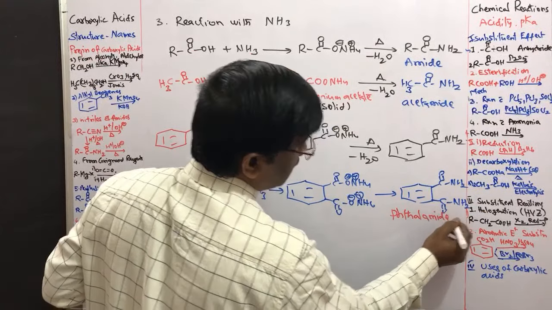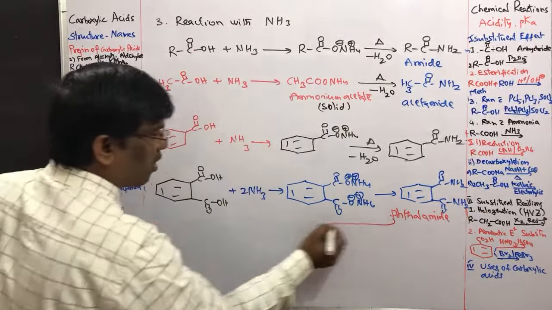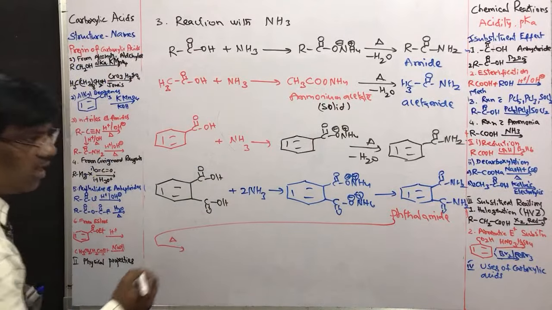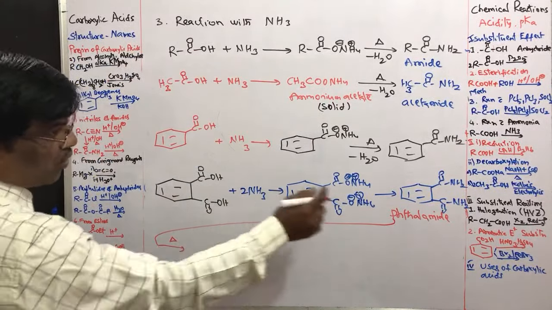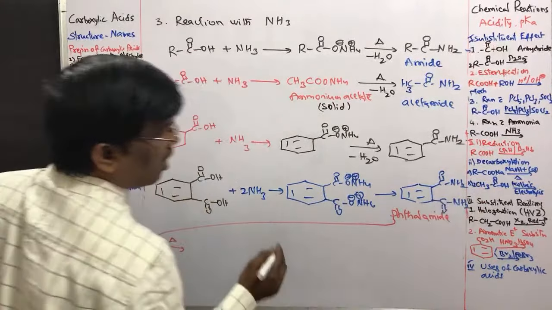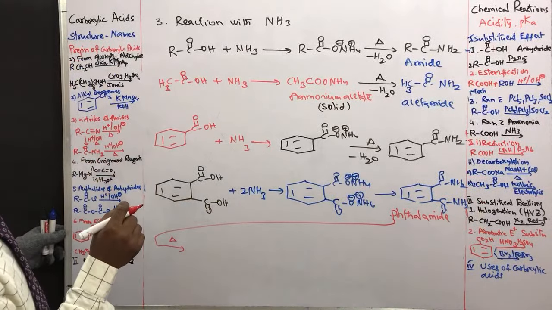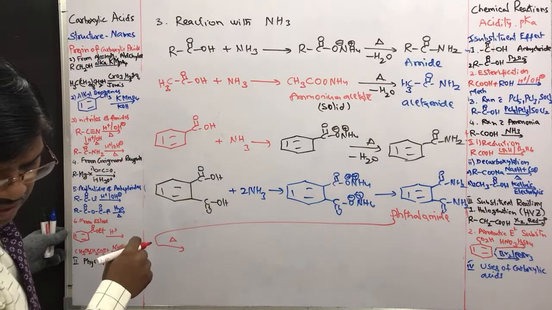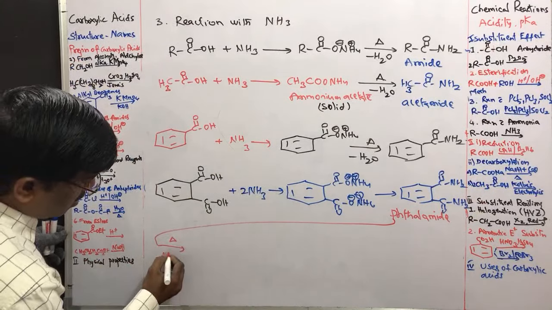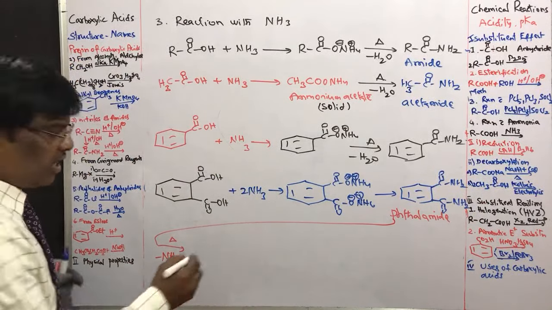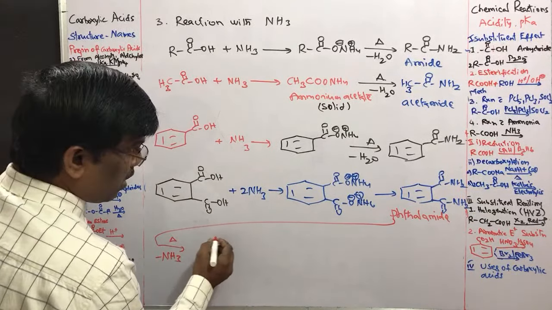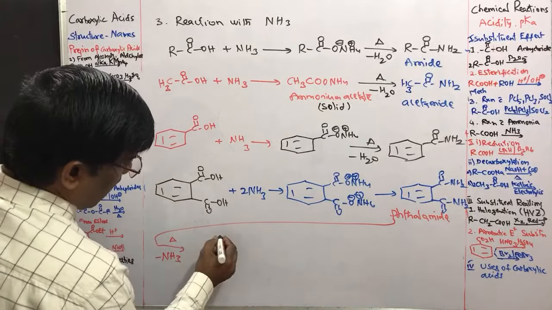Phthalamide, upon vigorous heating in the presence of base, loses 1 mole of ammonia at high temperature to give phthalimide.